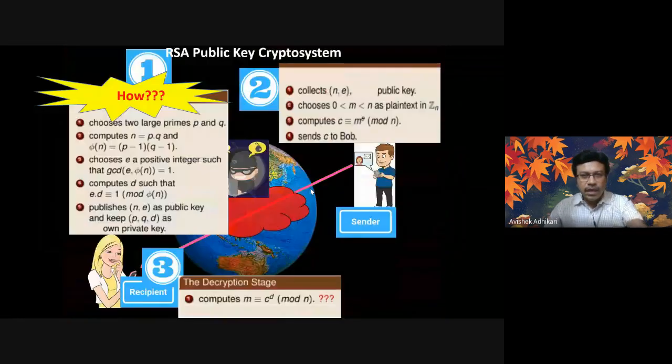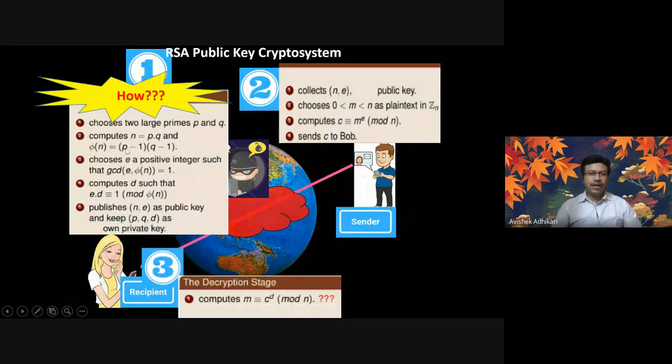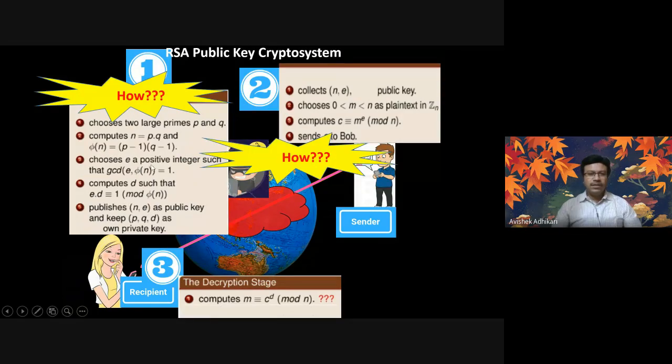Then the girl has to find the values p minus 1 and q minus 1. That's easy, but then she has to find a positive integer e such that the GCD of e and phi n is 1.